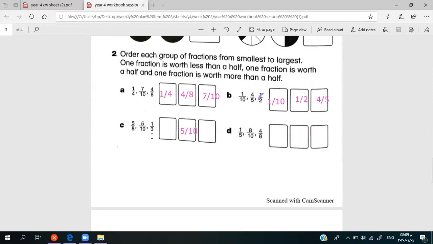Hmm. Let us think. Let me see whether this 5 over 8 is bigger or smaller than the half. Well, what is half of the 8? 4, right? Anything bigger than 4 over 8 will be bigger than the half, because if I take 4 from the 8, I've taken a half. But here I took 5 from the 8. So definitely the 5 from the 8 is the one bigger than the half. And the 1 over 3 is the smallest one.